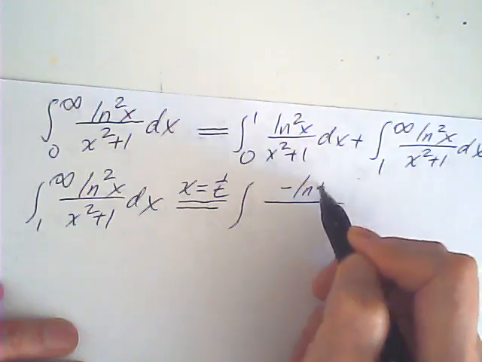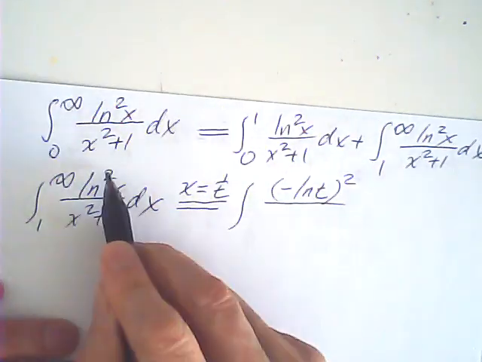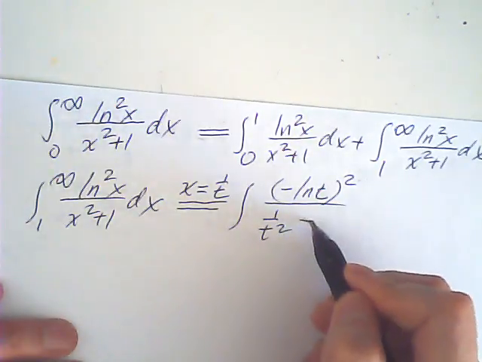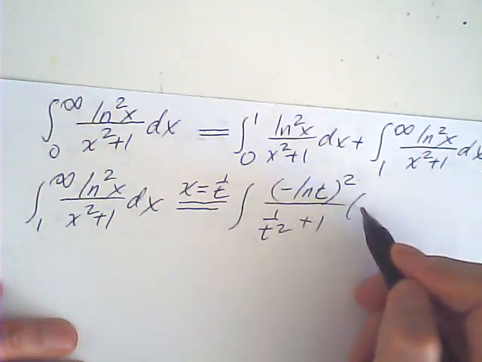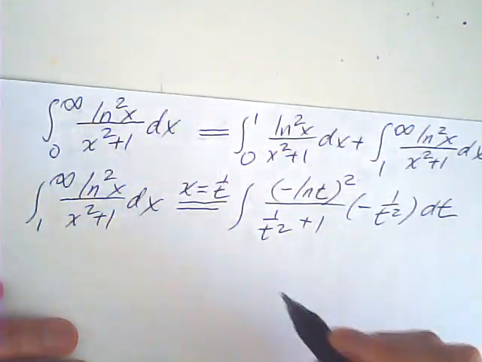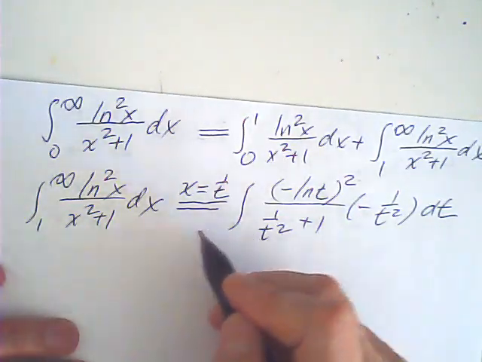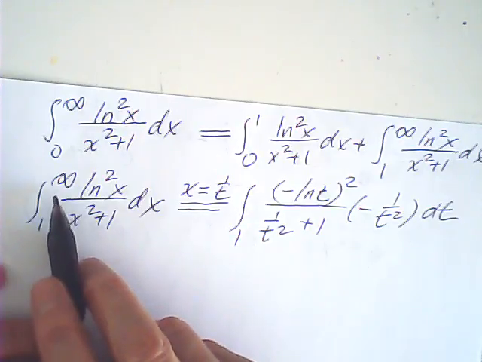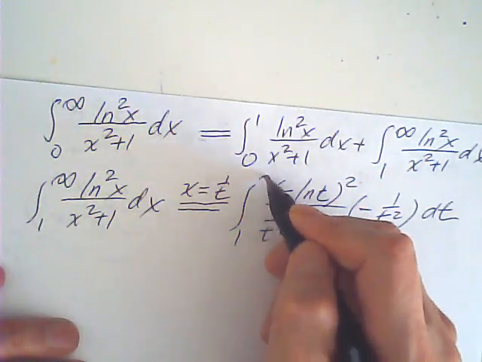Negative log t square. And this will be 1 over t square plus 1. dx will be negative 1 over t square dt. When x equals 1, t is 1. When x equals infinity, t is 0.